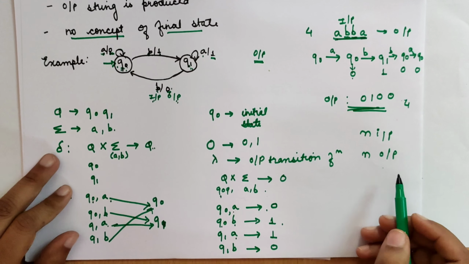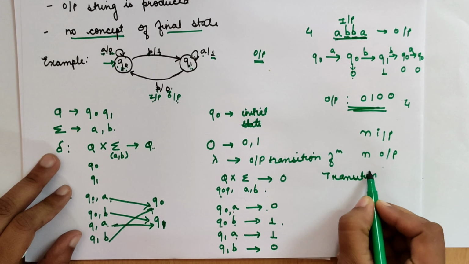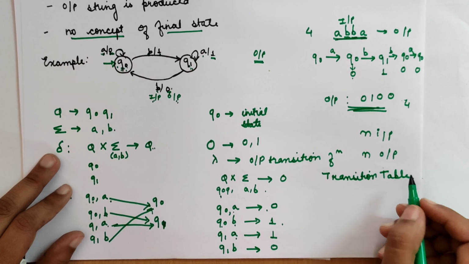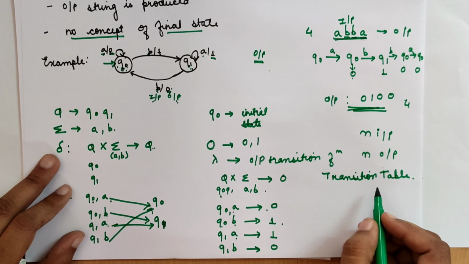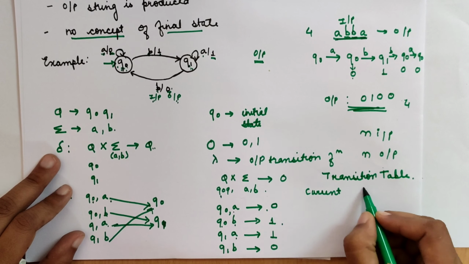From this function, we can also make the transition table. For how the transition table for a Mealy machine is drawn, first of all you have to write down the current state, then the next state.